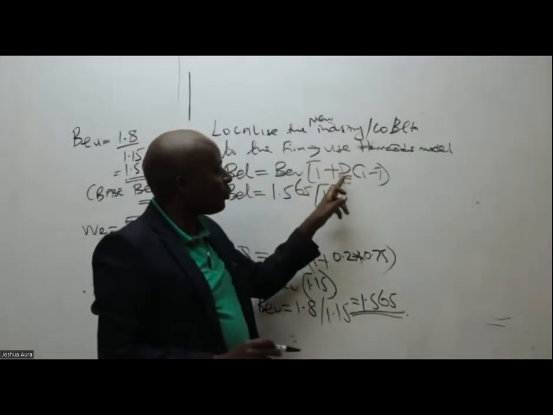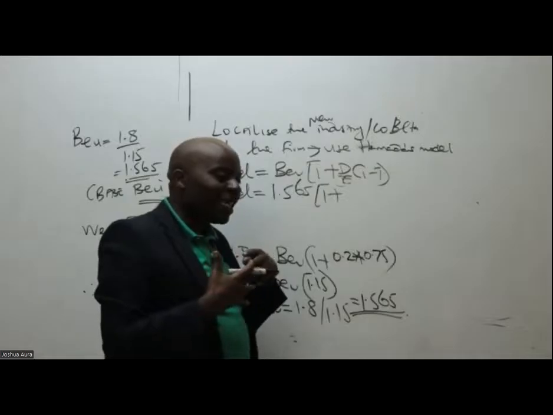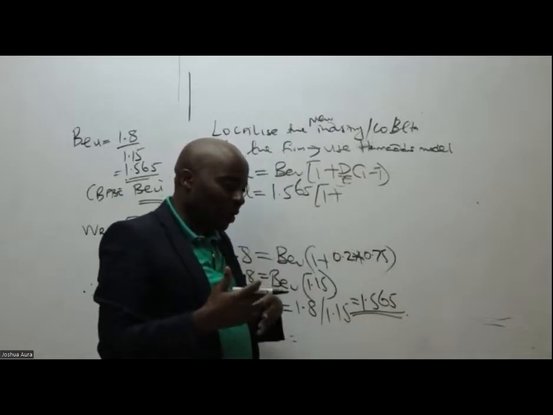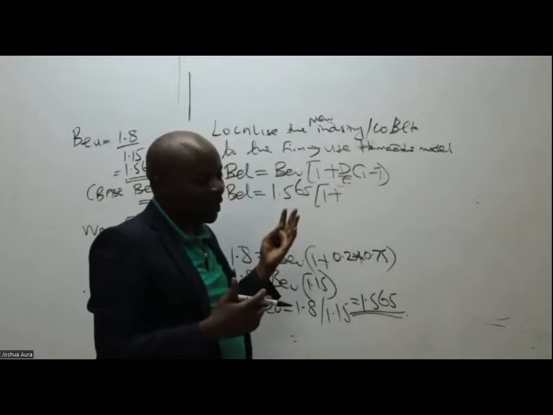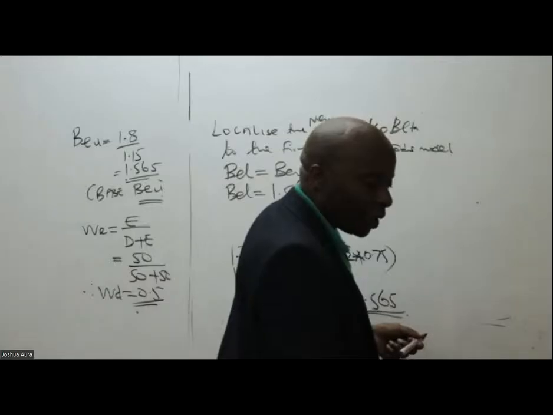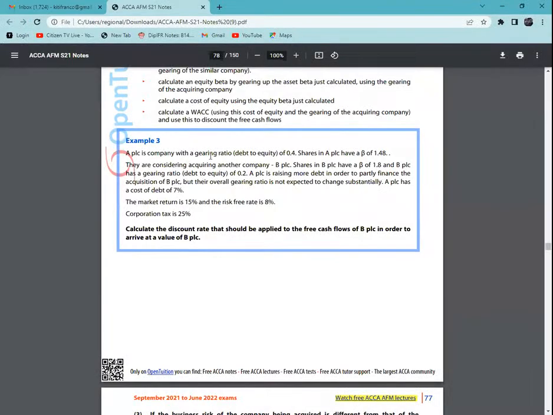And the debt to equity ratio of the company to use, in most cases, is normally given in the question, like Roman 1, Roman 2, Roman 3. But here, we don't have Roman 1, 2 or 3. Then I have to go back to the debt to equity of the company as it was given up there. It was given here: A Limited. So we have here A PLC is a company with a gearing ratio of 0.4.